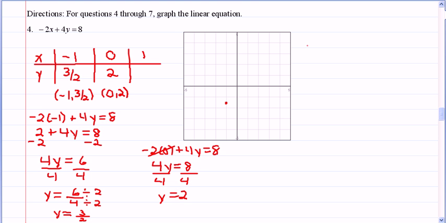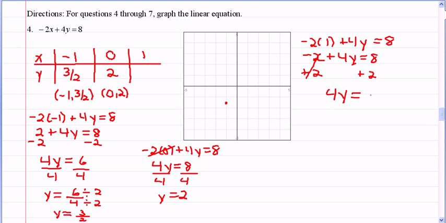And last, I take the number 1, substitute it in for x, and solve for y one last time. So negative 2 plus 4y equals 8. I add 2 to both sides so that the 2's cancel, and I have 4y equals 10.